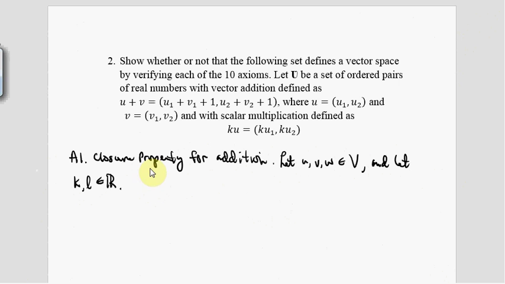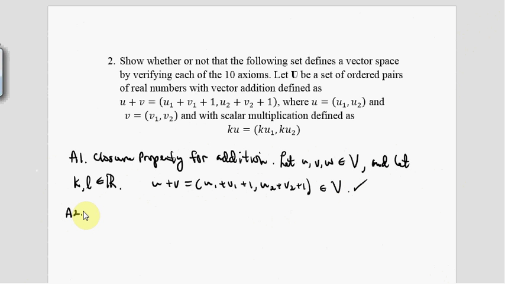So here, U plus V, which is defined here as U sub 1 plus V sub 1 plus 1, comma, U sub 2 plus V sub 2 plus 1. This guy is indeed in this space because that's how this set of vectors is being defined. So that one is good.